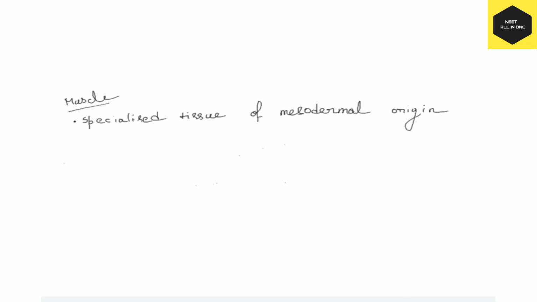This mesodermal origin is a very important point for your NEET exams. Now there are a few other points that you also have to mug up. Muscles make up 40 to 50% of body weight. Obviously, I'm speaking about human body weight.